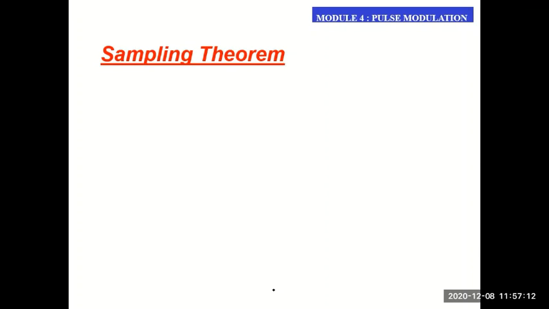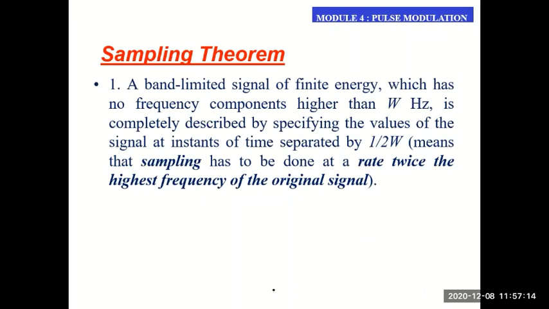Let's try to redefine this. A band limited signal of finite energy, which has no frequency components more than W hertz, can be completely described by specifying the values of signal at instants of time separated by 1 by 2W. That means you always have to sample at a rate which is twice the highest frequency component of the original signal.